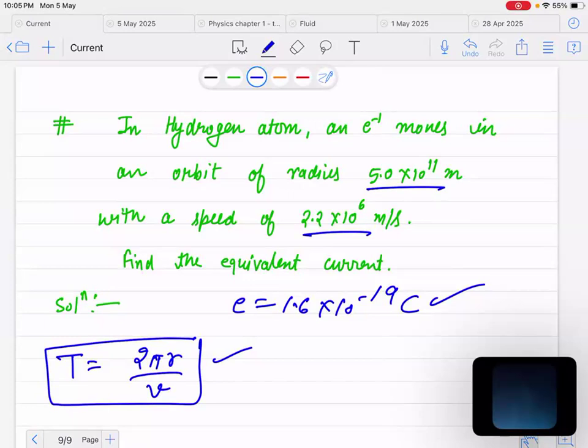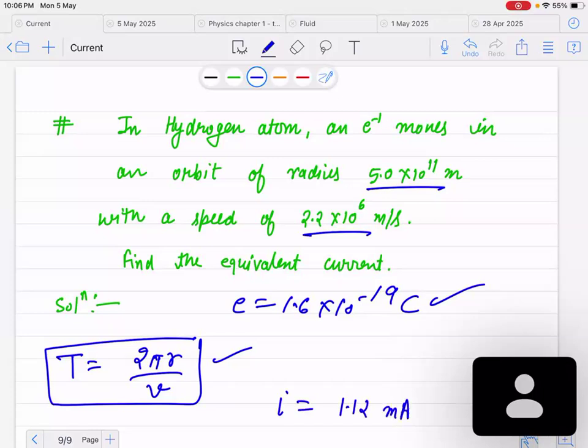Okay. Yes, sir. You can calculate at your home. The final answer is 1.12 milliampere. Milli means 10 to the power minus 3.